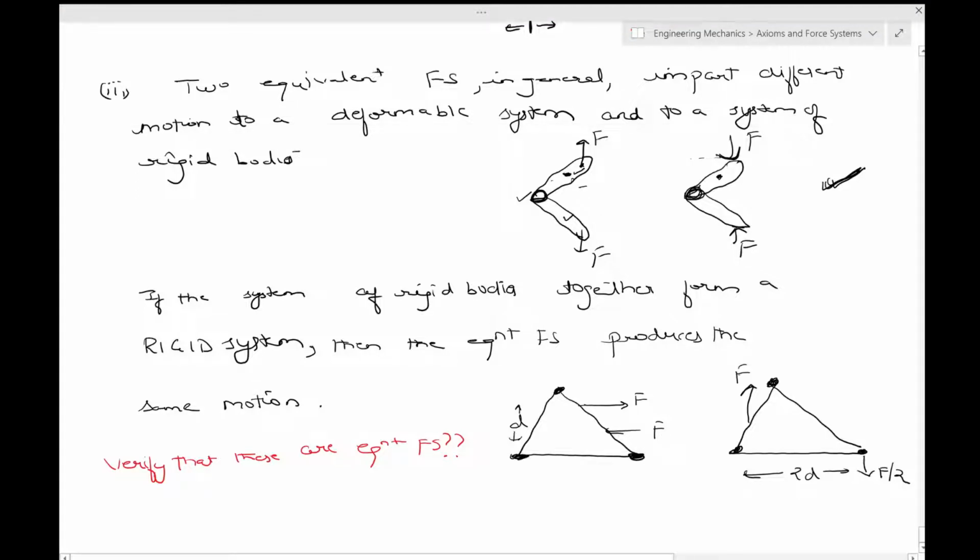I'm sorry, this is F by 2. Do remember, when you try to calculate the moment, please choose the same point in this and this. You can't be choosing two different points. So you must be choosing the same point.